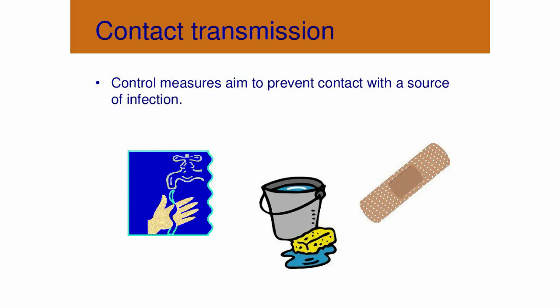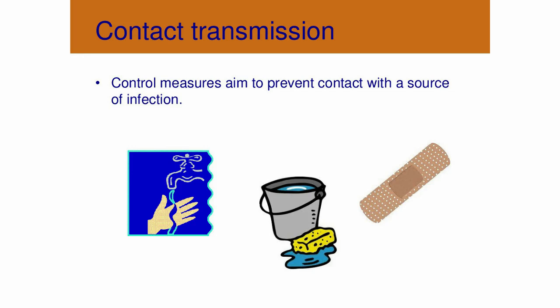Lower order controls for contact transmission can include good hygiene practices such as hand hygiene. This is one of the most important control measures for contact transmission, but it tends to be really undervalued. And as a health and safety inspector, it never ceases to amaze me just how inadequate hand washing facilities at some workplaces can be.